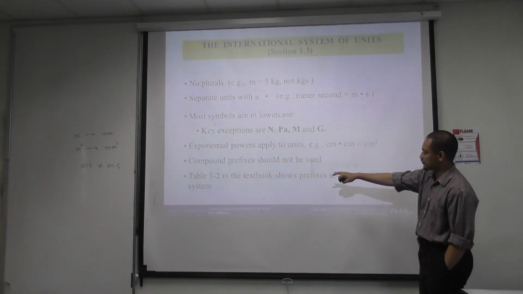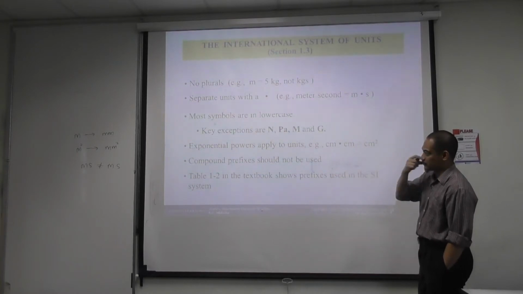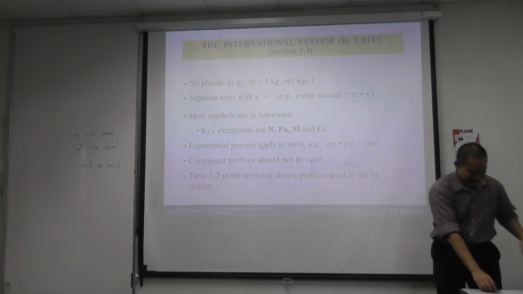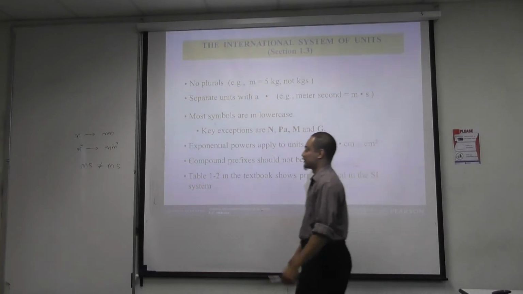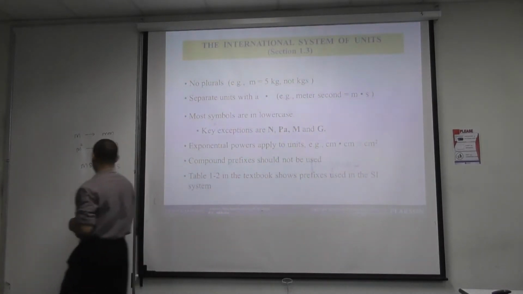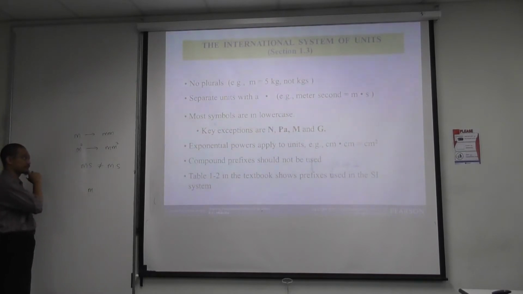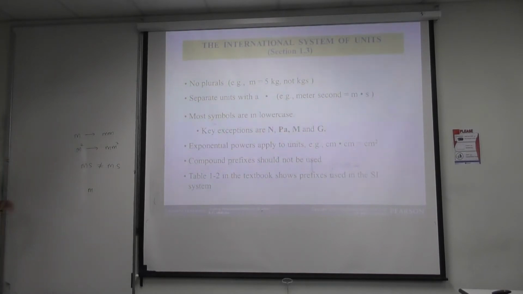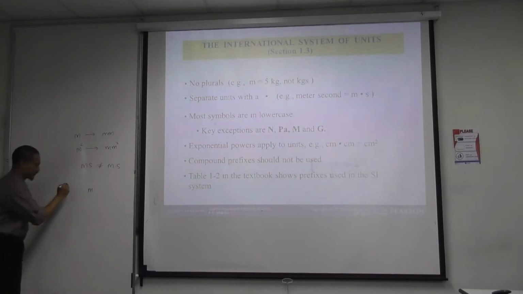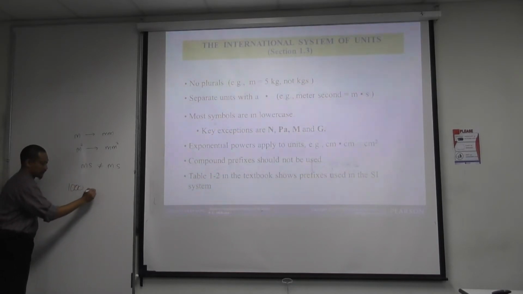Compound prefixes should not be used. This is quite interesting also. For example, if you have millimeter, right? I forgot what is exactly the student mistake, but if you have 1,000 millimeter, you cannot say it becomes 1 kilo millimeter.